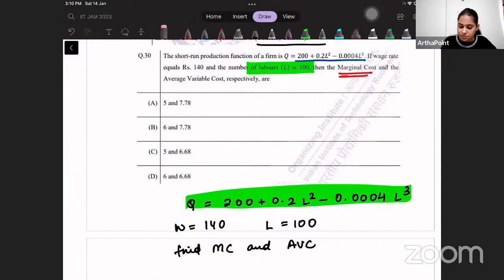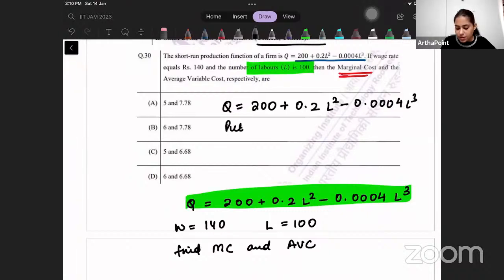Q is equal to 200 plus 0.2 L square minus 0.0004 L cube. Put L equal to 100. You will get the value of Q as 1800.